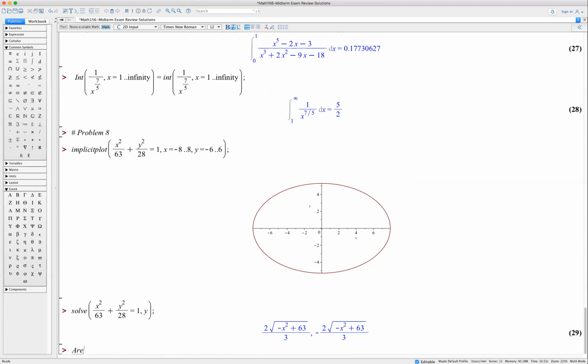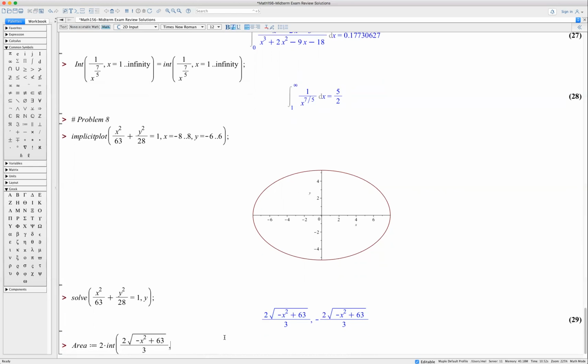So I can say the area is equal to what? Let's say I compute the area of the top half and multiply by 2. So 2 times the integral of this expression for x going from minus square root of 63 to plus the square root of 63.